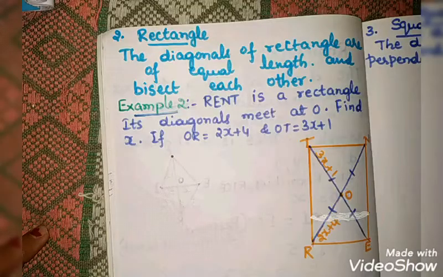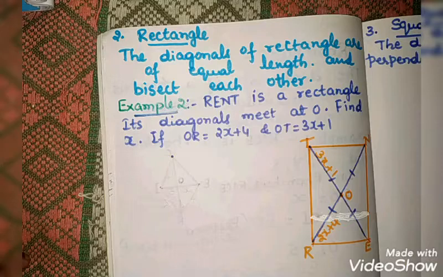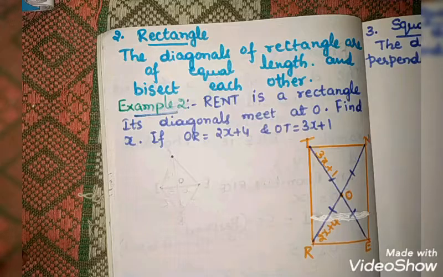Children, let us know one more special type of parallelogram. First one is rhombus. We studied about it and an example is solved. Now let us go for a rectangle. It is also a special type of parallelogram.